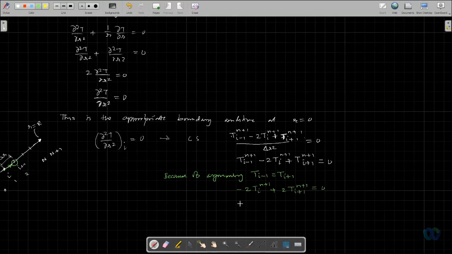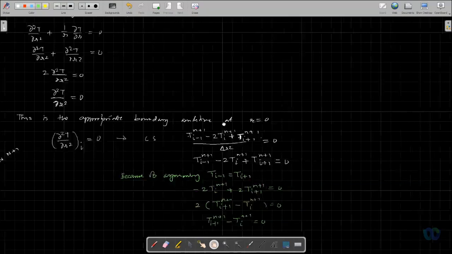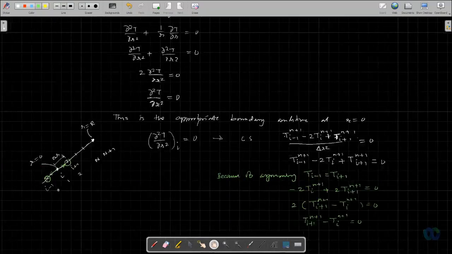And now you can take 2 outside, and you can write ti plus 1 minus ti n plus 1 equals 0. And since this has to be 0, ti minus 1 n plus 1 minus ti n plus 1 will be equal to 0. This is the equation. Now, from this equation, you have to find out what is your Ri.